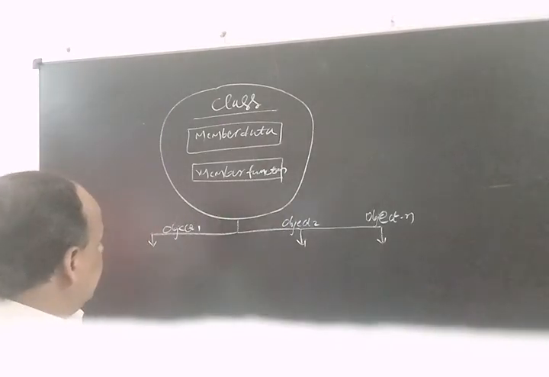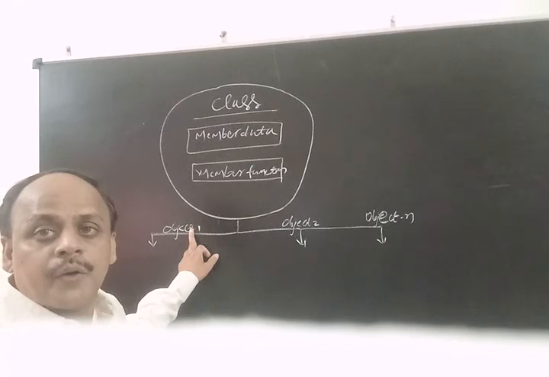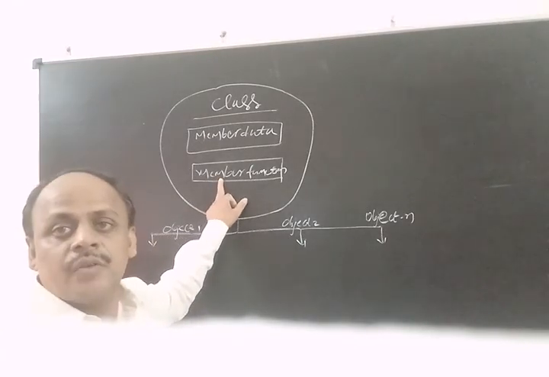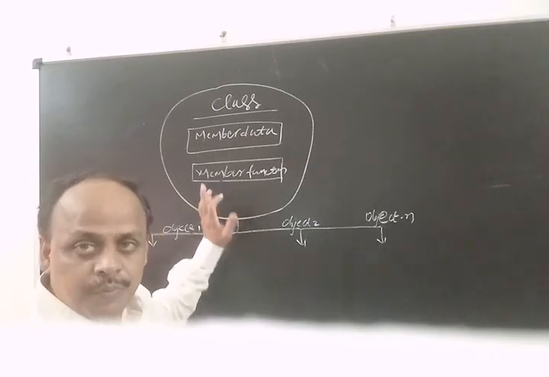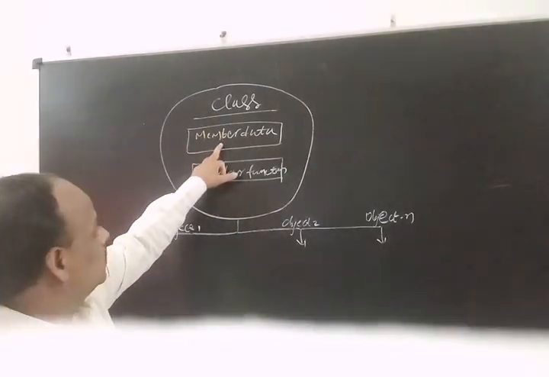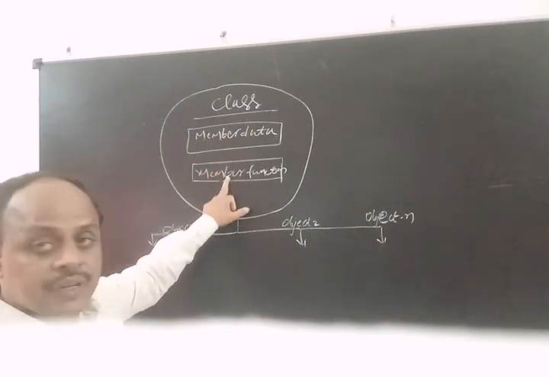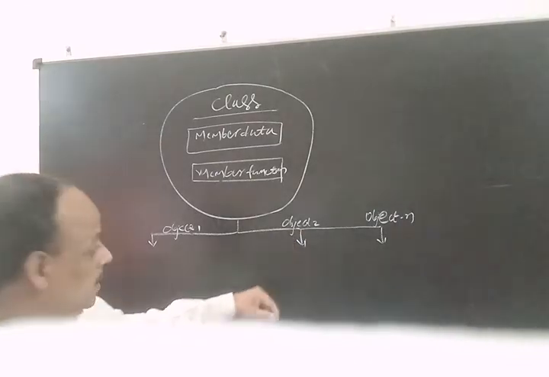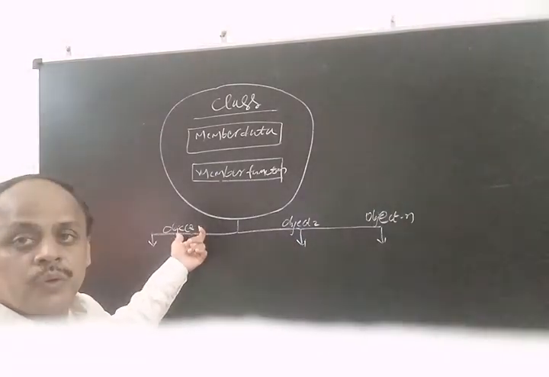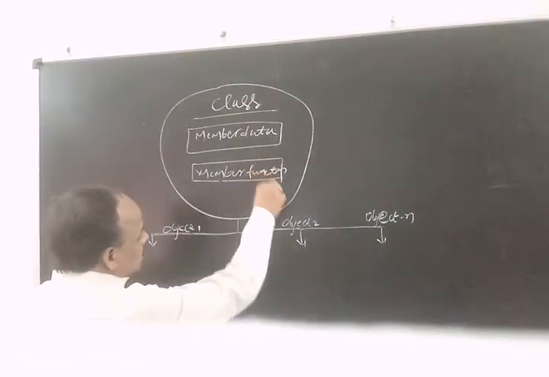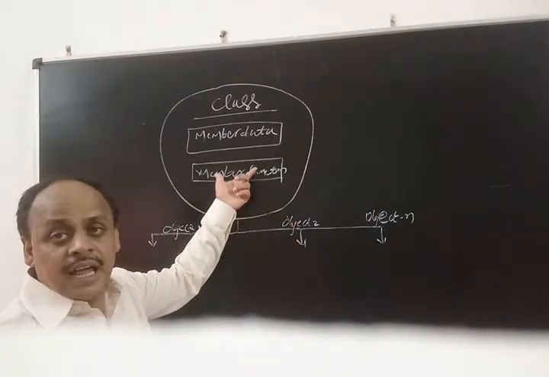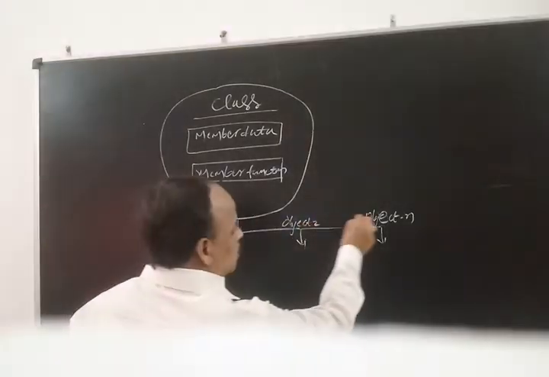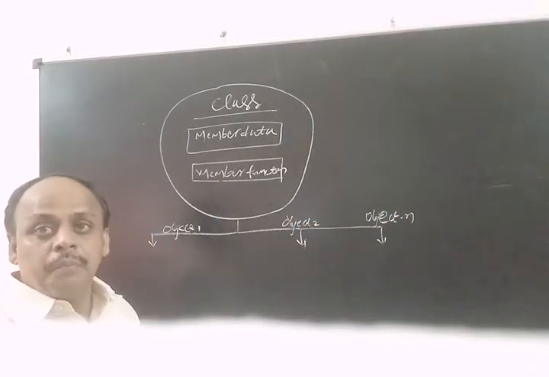Then each object is going to share these member functions of the class. Suppose a class contains member data, member functions and a number of objects, what happens? Each object is going to share the member functions. This class member function is shared by object 1, object 2, and so on, up to object n.